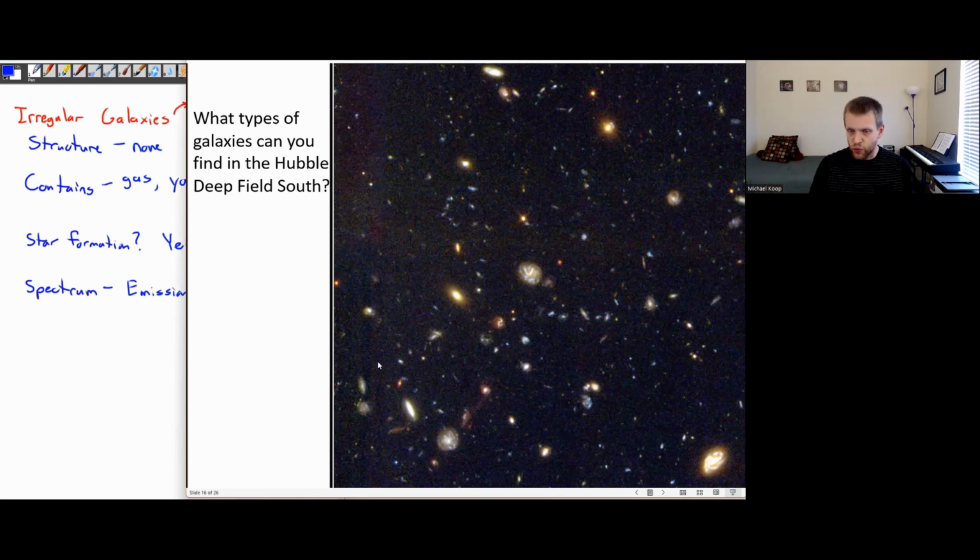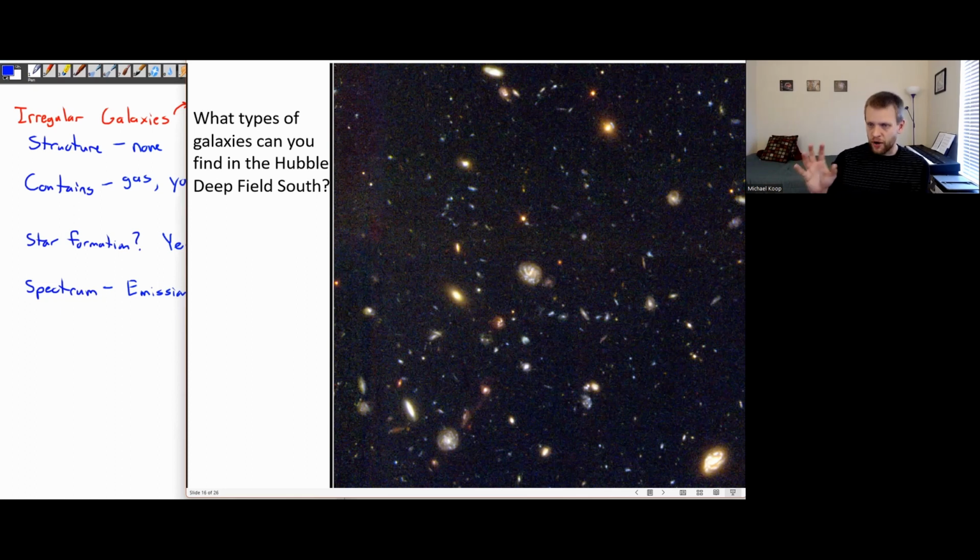In this image, we see some cases of spiral galaxies. We see a couple of irregular galaxies. Again, the largest ones might be these giant elliptical galaxies, that yellowish kind of football shape. We see some weird irregular galaxies in here, galaxies that might be undergoing interactions.